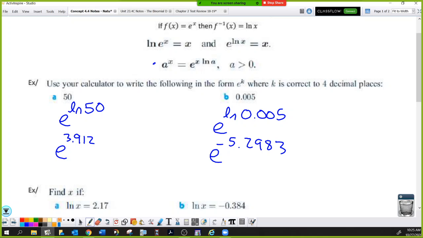Anyway, how would I get from 3.912 to negative 5.298? Looks to me like you could subtract. Would that work? I'm trying to see if there was an easy way to know that's what the answer was.